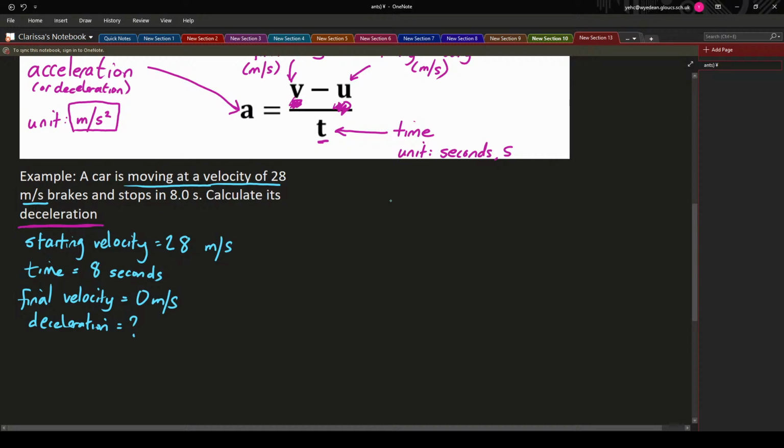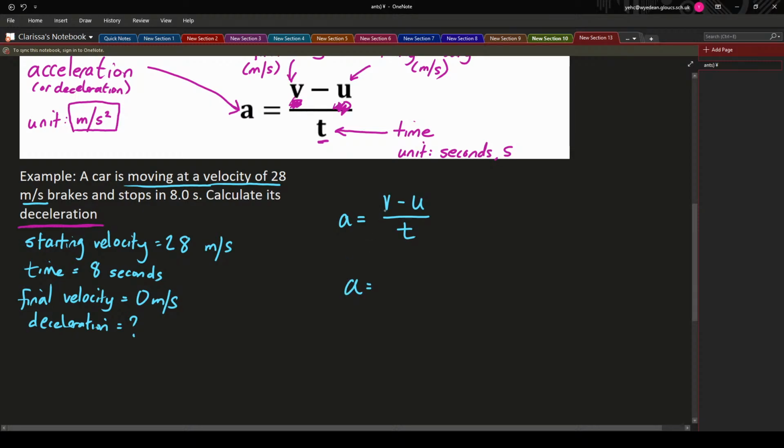Right. Now, FIFA method, formula, insert values, fine-tune, answer. First things first, I gotta write out my formula. A equals V minus U over T. Acceleration, A, I don't have a number for that yet, because that's what I'm calculating. I'm trying to work out my deceleration, which is a form of acceleration, so I don't have anything for it yet.